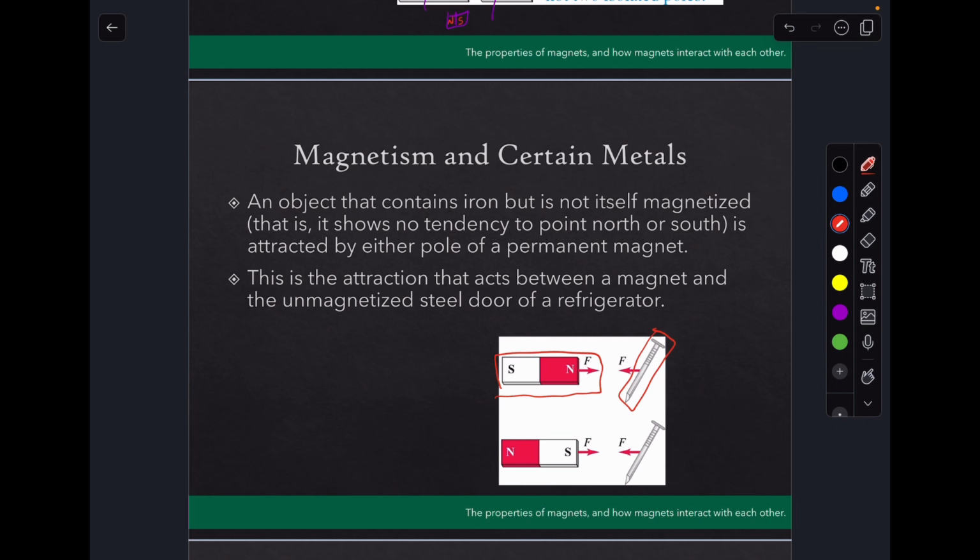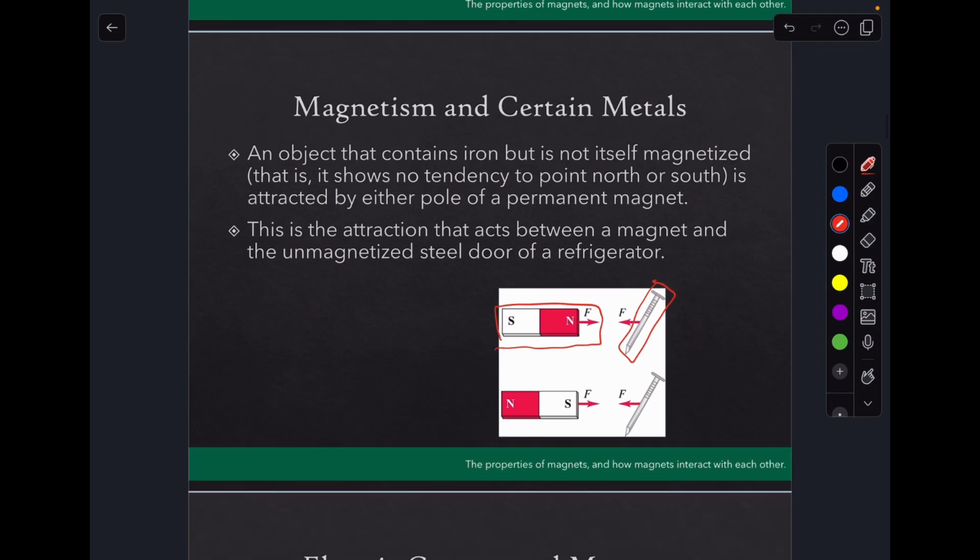And so in this same way, this magnet is magnetized, the nail is not. However, there's still a force of attraction there. And the reason is because the magnet will kind of polarize, if you will, the iron in the nail and draw the oppositely charged areas close to the magnet. Okay, and so you'll get that force of attraction. So that's the third observation.